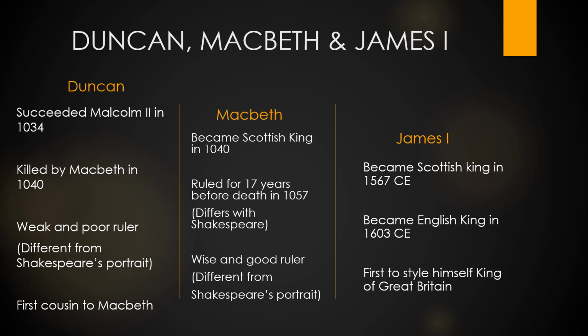So Shakespeare's Duncan was killed by Macbeth in 1040 when Macbeth became the Scottish king. But according to history, Duncan was a weak and poor ruler. Whereas in Shakespeare, we will find that he's supposed to be a very good and just king.